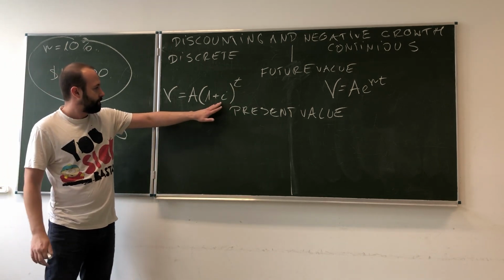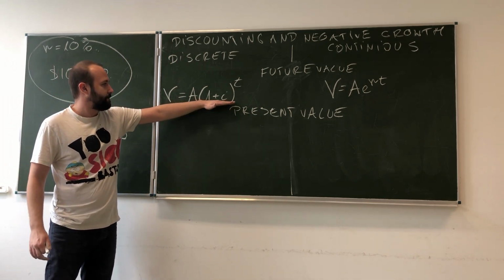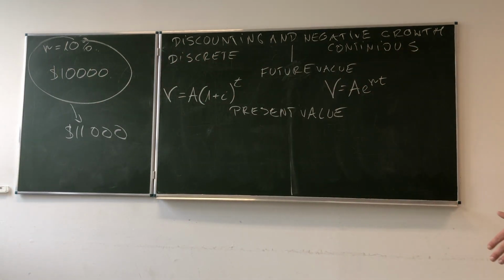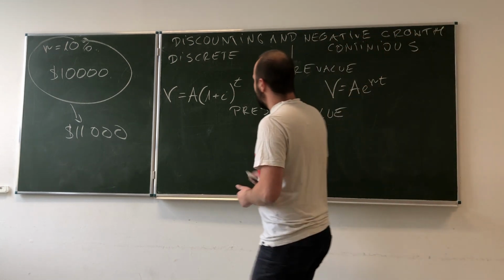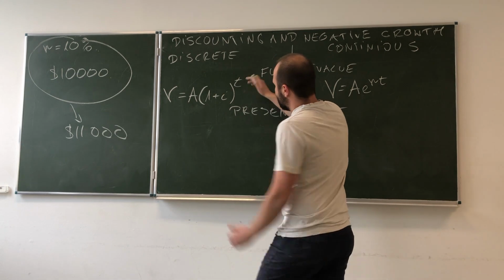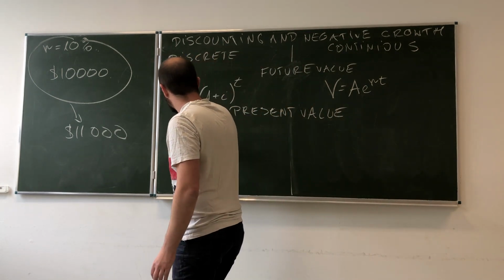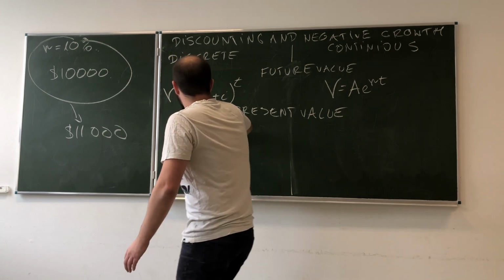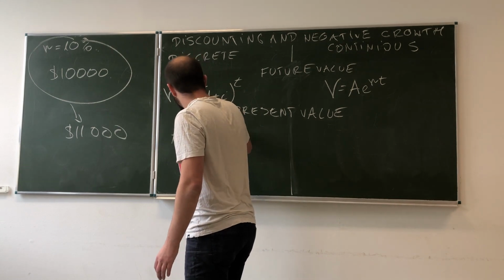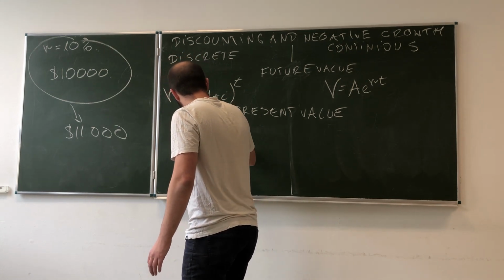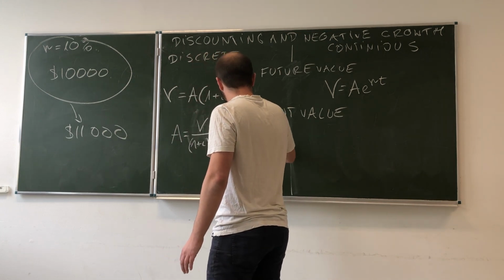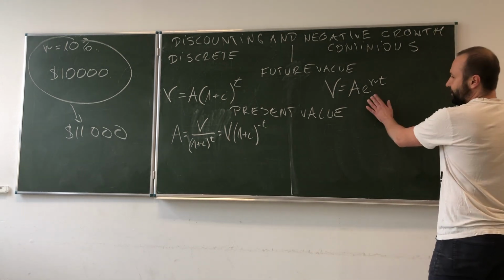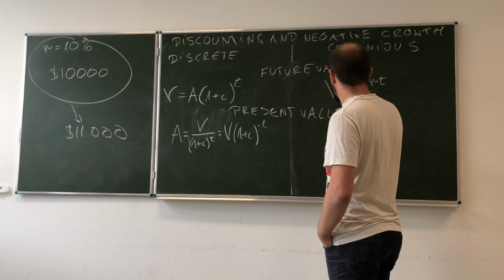If here I was multiplying by this exponential expression, as well as here, all I have to do is divide now. If I divide both sides by this, I obtain that A is equal to V over (1 plus I) to the power of T, or simply V times (1 plus I) to the power negative T. And here we will have a very similar situation.